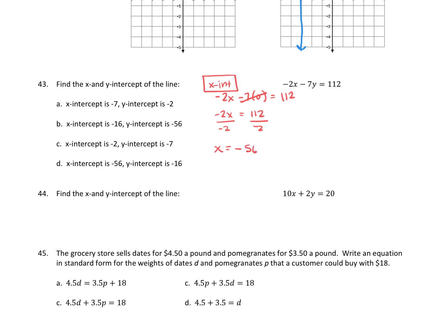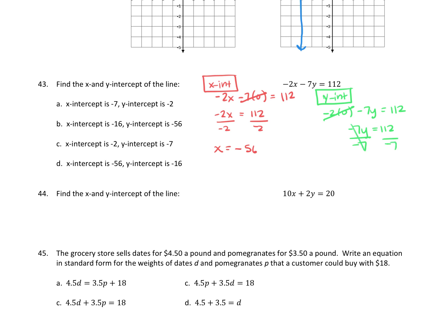Now the y-intercept is where our line hits the y-axis. Every point on the y-axis has a 0 for the x-coordinate, so we can find the y-intercept by plugging in a 0 for the x. So -2 times 0 minus 7y equals 112. -2 times 0 is 0, so that simplifies away, leaving us with -7y equals 112.